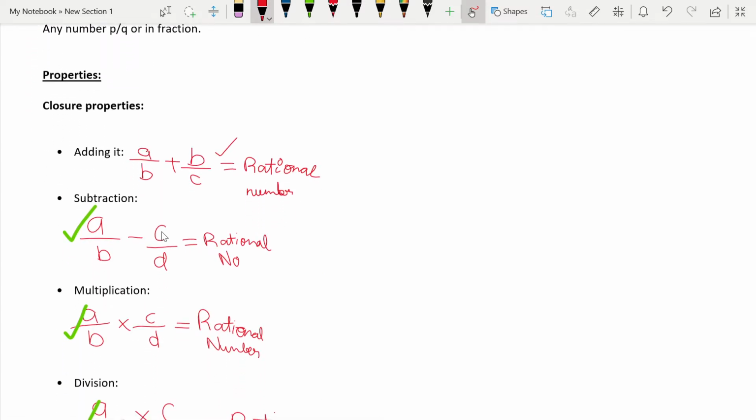Properties. Properties are the main focus for the main addition in this book, in this chapter from Class 7. So there's a closure property. Closure property is when you add two numbers, like for example 1 plus 2 is equal to 3.